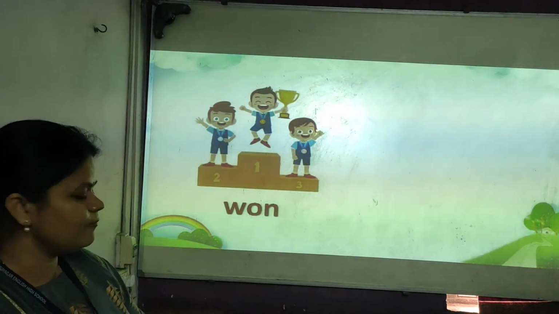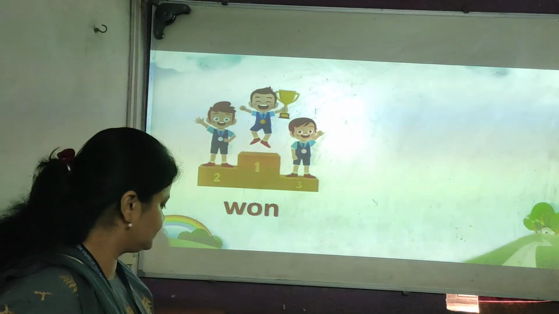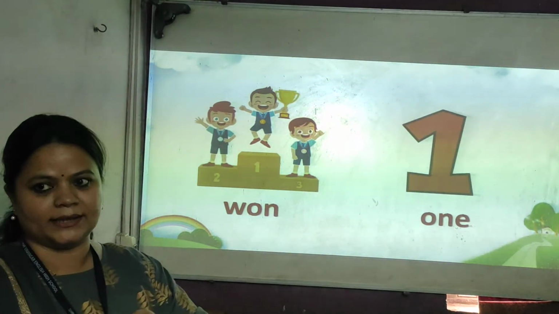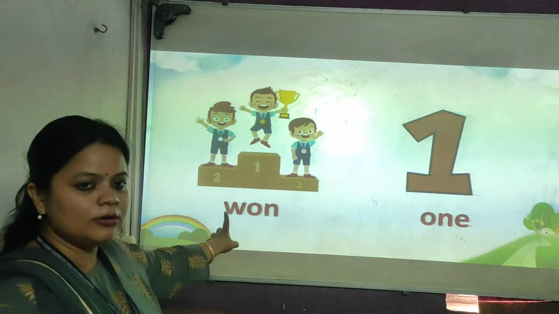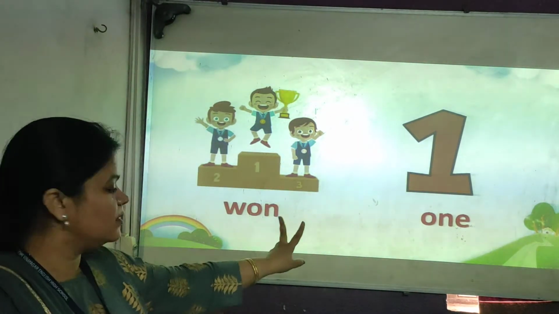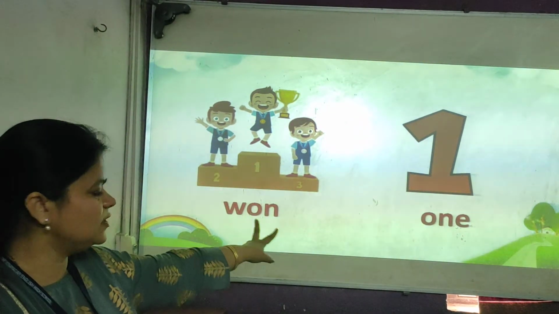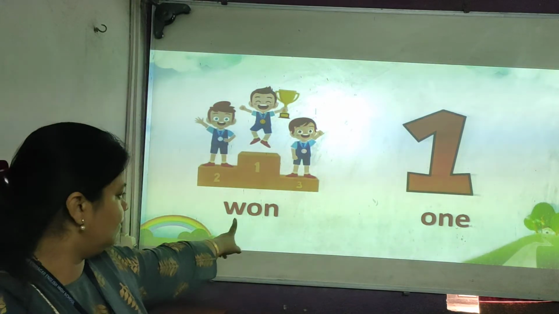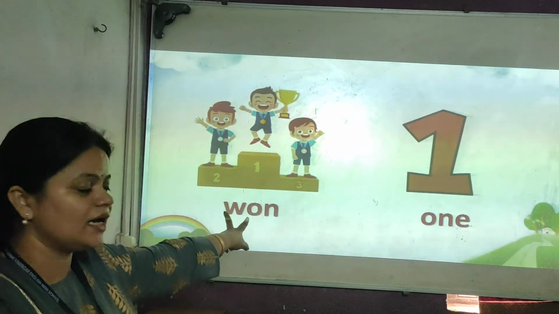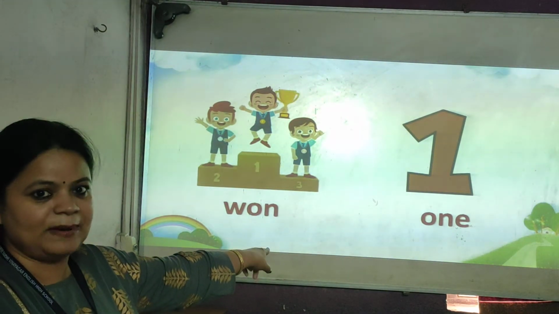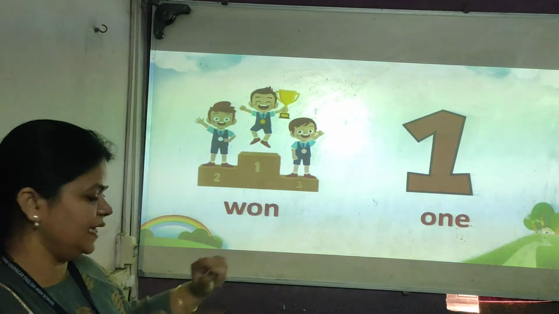We'll see the next one. What do you see here? One and won. In both the words, you can see the spellings are not the same. They have different spellings and different meanings.